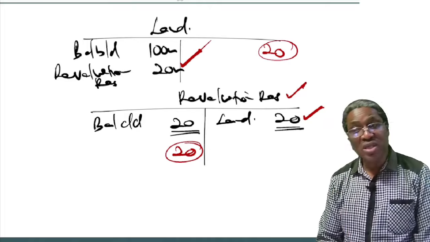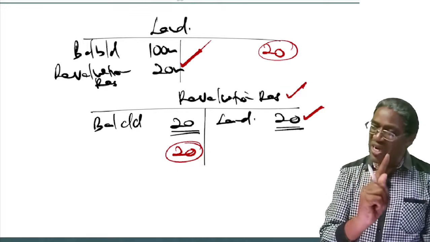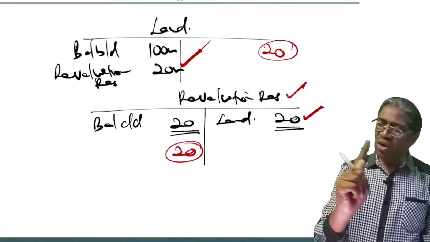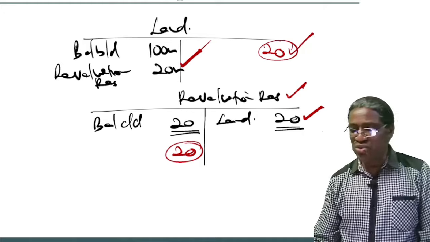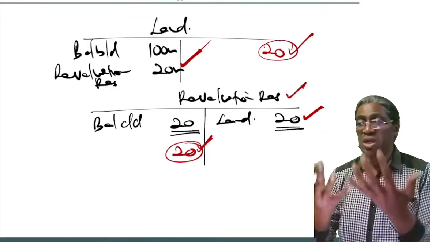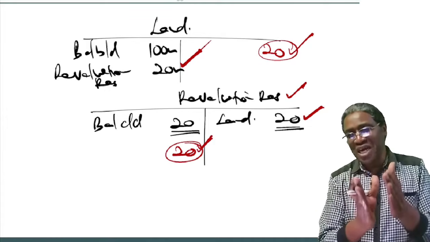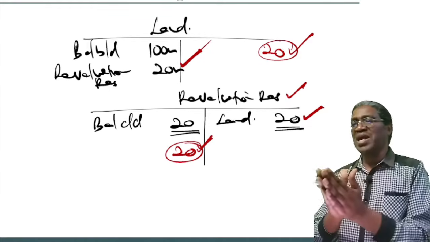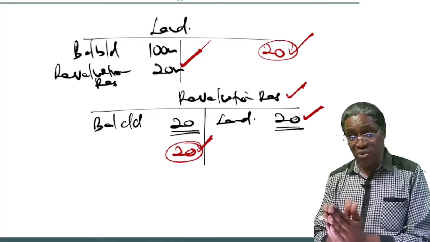No. The rule says when you revalue an asset downwards, you credit the asset and debit revaluation reserve with that revaluation loss. Then again, that loss goes to the balance sheet as a component of equity.